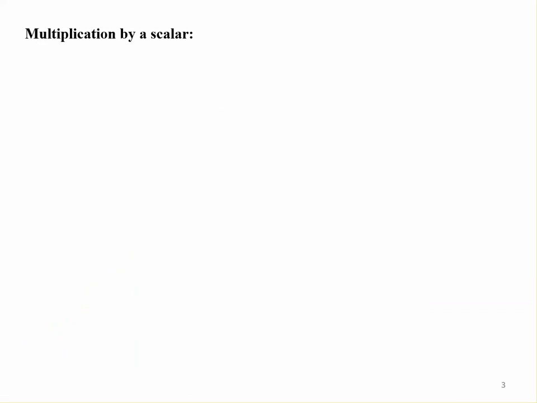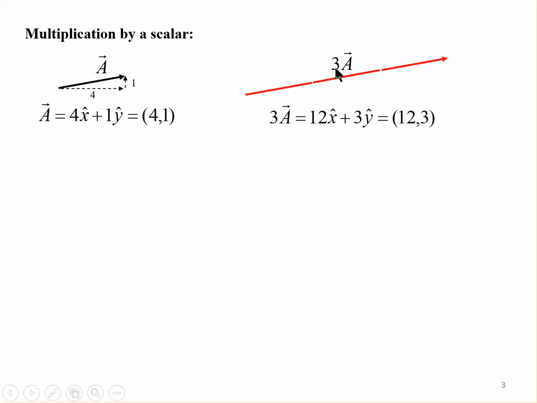Can also multiply vectors by scalars, by numbers. We've seen that previously. So for example, if I had a vector A and I want to multiply it, for example, by 3, I would just draw that vector 3 times longer. Same direction as before, just drawn 3 times longer.